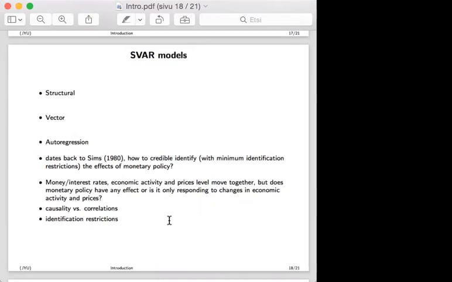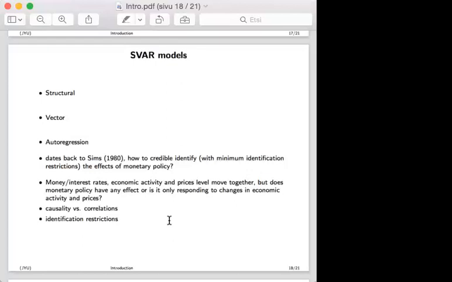Why this is not so easy is that all macro variables move together, but it's really hard to separate causality and correlations. We can see that the interest rate and prices move together, but is it only because the policy rate is responding to prices, or is there also some influence of the policy rate on prices?